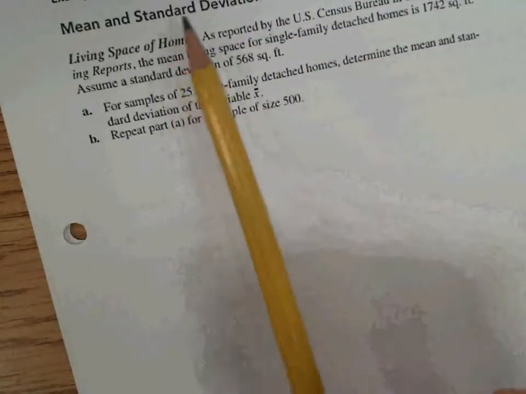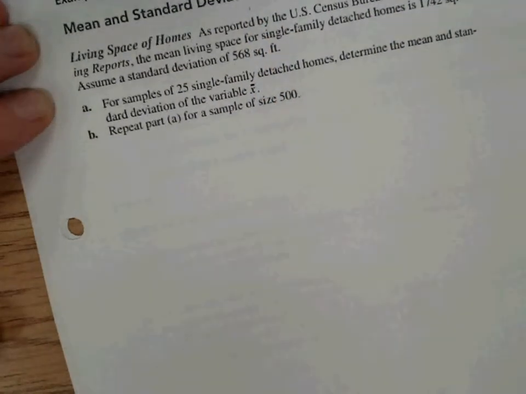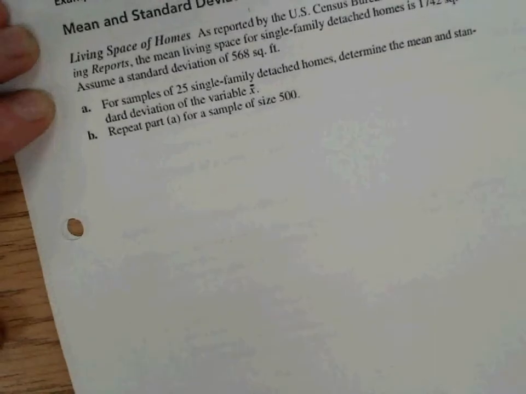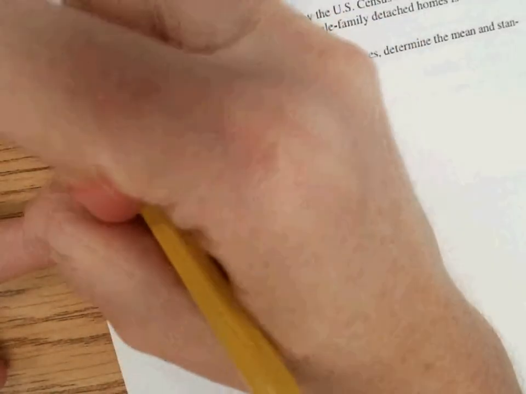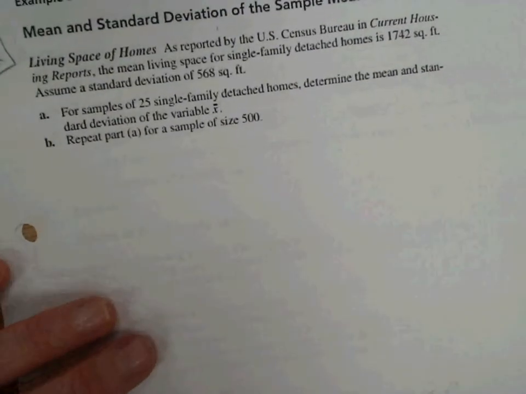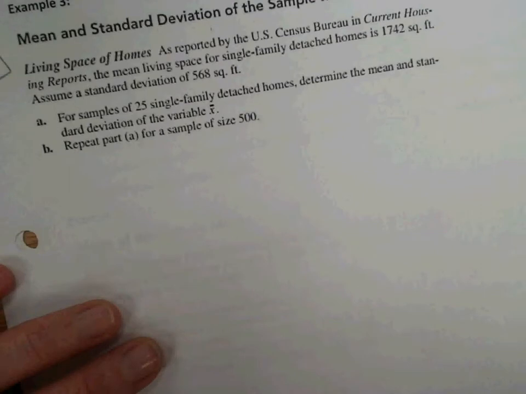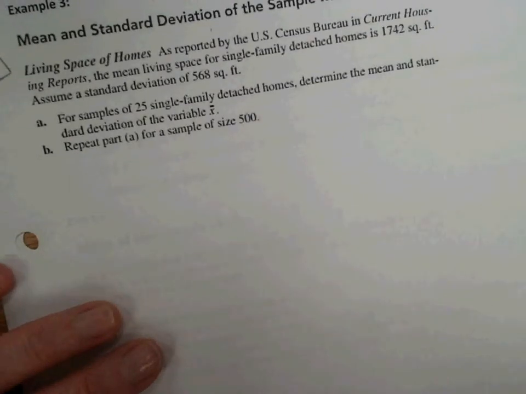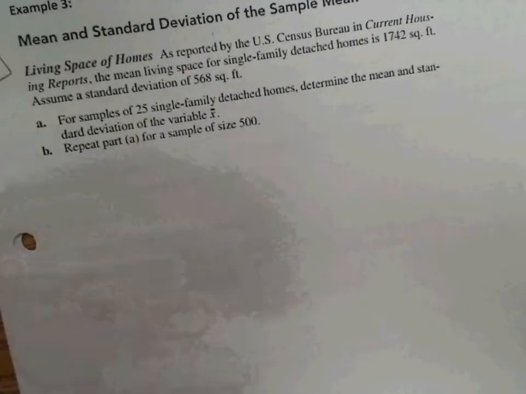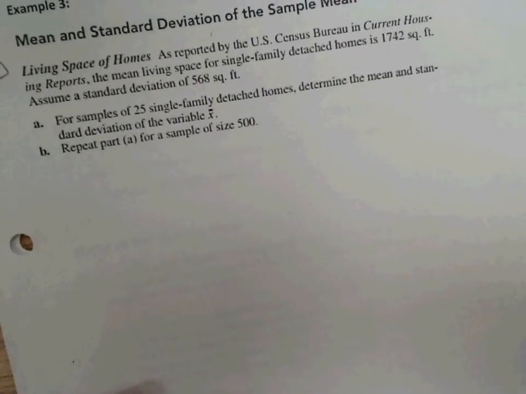Example 3, we have the mean and standard deviation of the sample mean. In this question, this is where you would refer to 7.2 in your text. We're talking about living space of homes. As reported by the U.S. Census Bureau and current housing reports, the mean living space for single-family detached homes is 1,742 square feet.